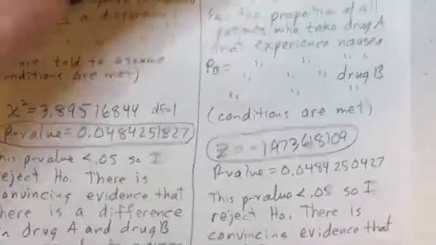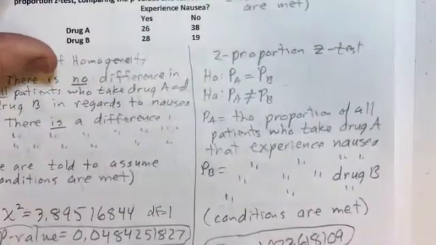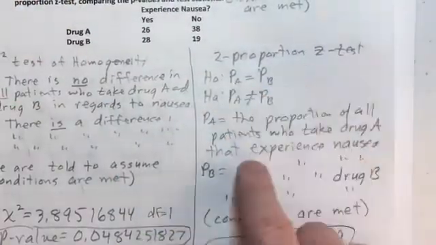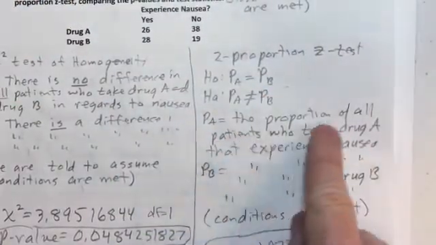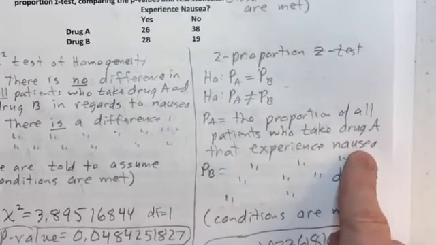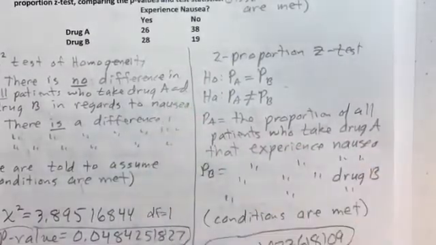The other way you could look at this problem is you could do a 2 proportion z-test where your proportions are the proportions of the patients that experience nausea. You could also do it with the proportion of patients that did not experience nausea, and you'd end up with the same conclusion.